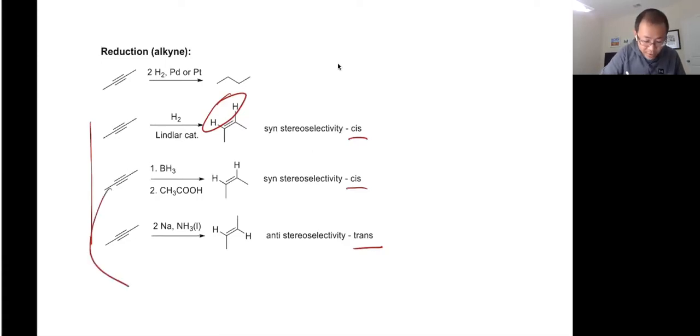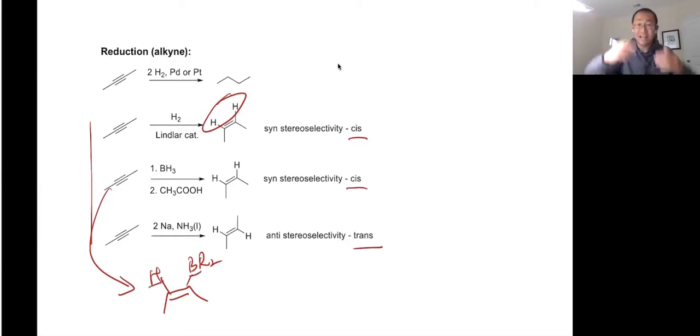Another method is hydroboration followed by an acid. We know hydroboration. If I treat an internal alkyne with BH3, I get this guy. You can see that we have a cis this time, because H and B are on the same side. Again, this is internal, so I can use BH3.